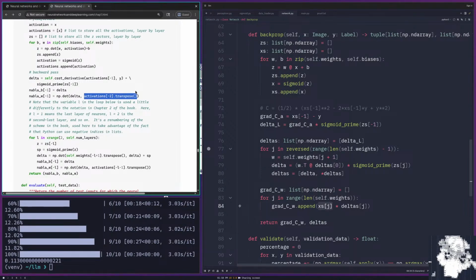So this would be the last activation if they didn't start activations with X. No, that's not true.